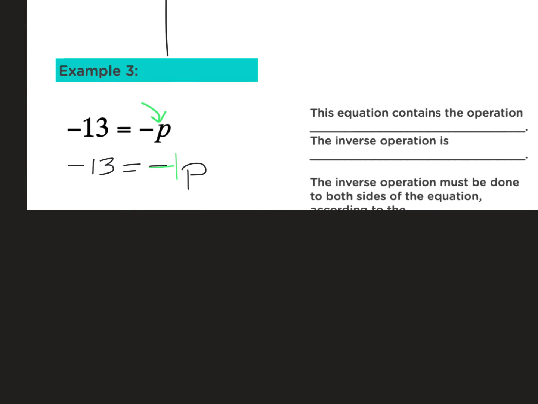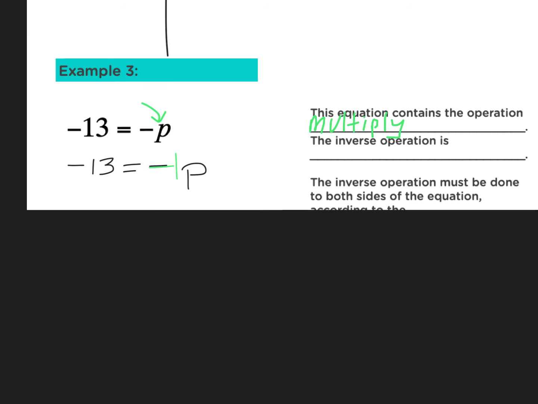So what operation is that when the negative 1 is sitting next to that variable? When you've got a number sitting next to something else, is that adding, subtracting, multiplying, or dividing? It means multiplication.